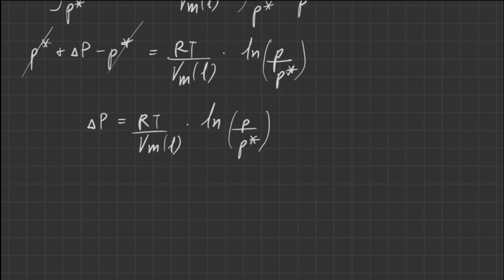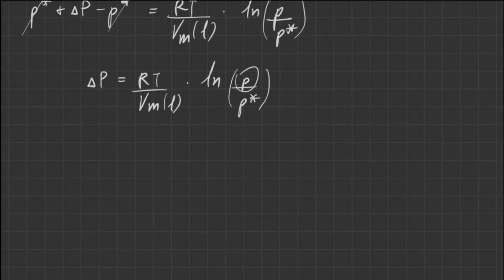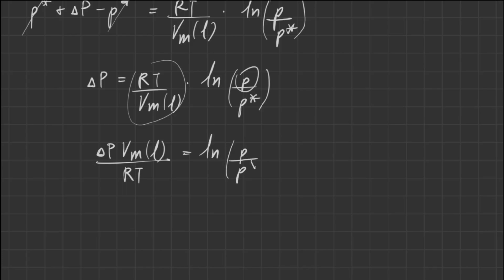Essentially we want to solve for this value, so we want to rearrange it in a way that allows us to do so. Just divide by this. That's delta P times molar volume divided by RT is equal to ln of p over P star.